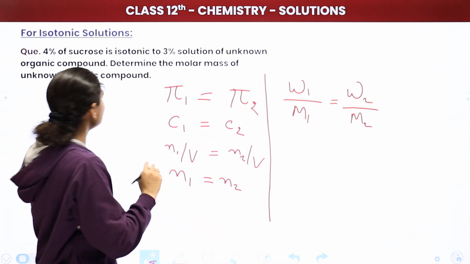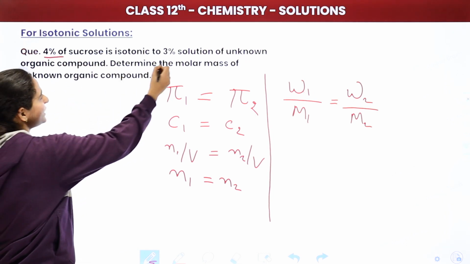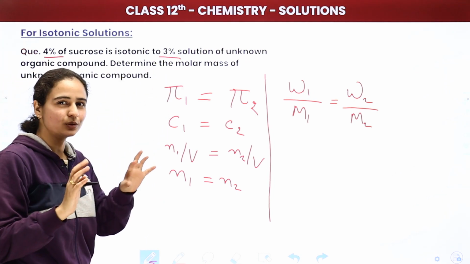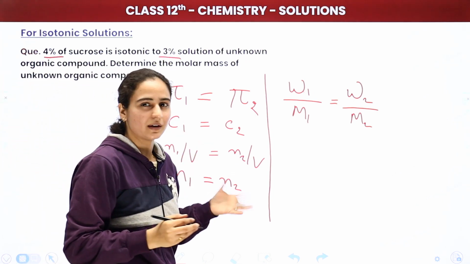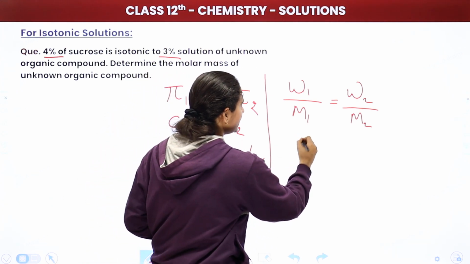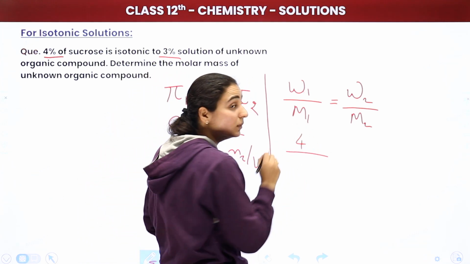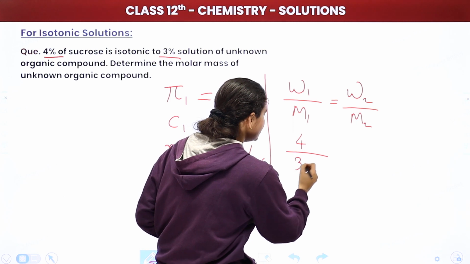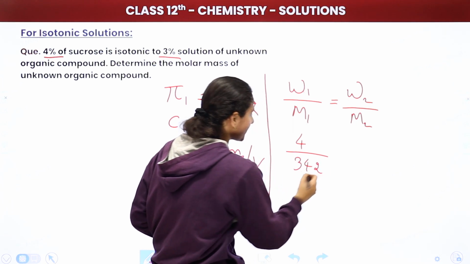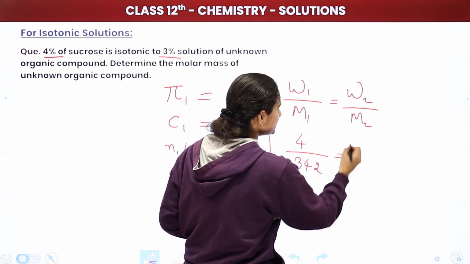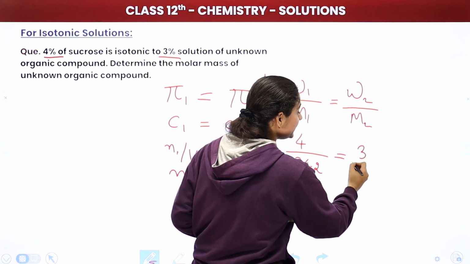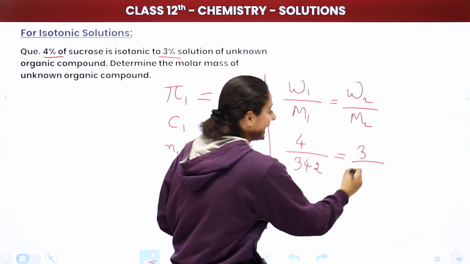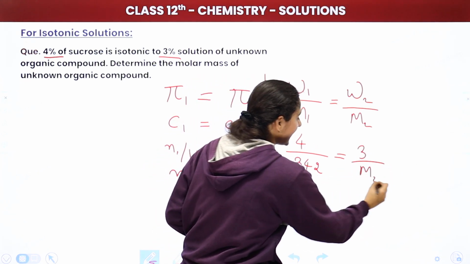Because here both values are given in percentage, there is no need to divide by 100. We can simply write 4 divided by the molar mass of sucrose, 342, equals W2, that is 3%, divided by M2, and we have to calculate the value of M2.